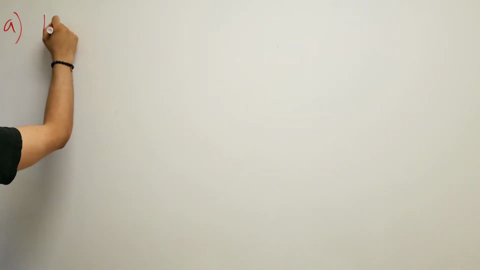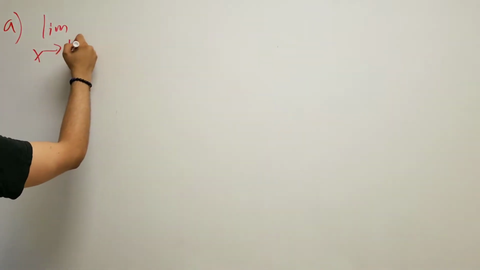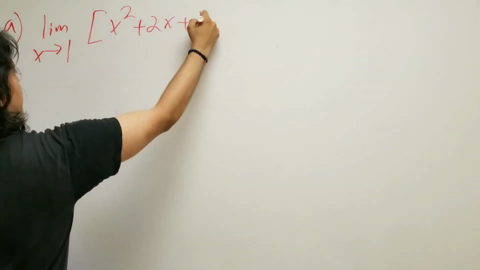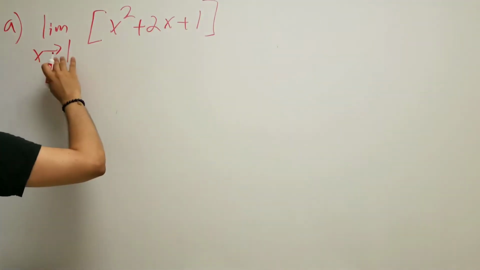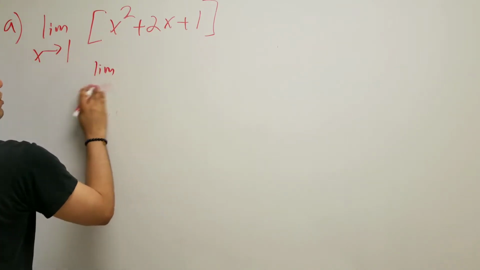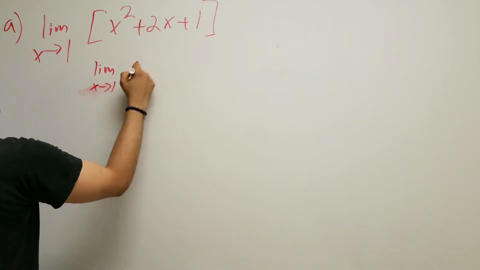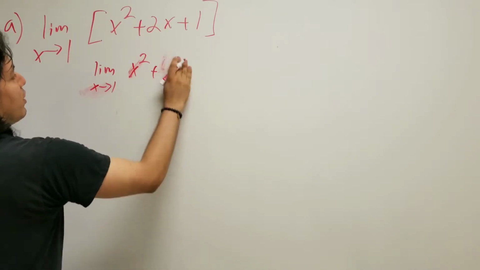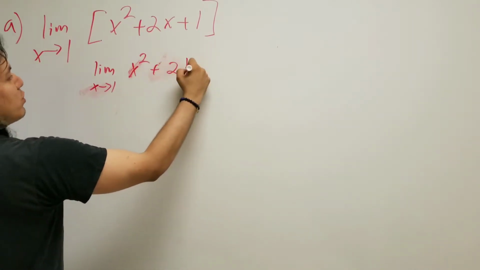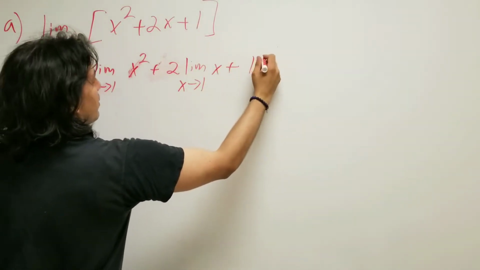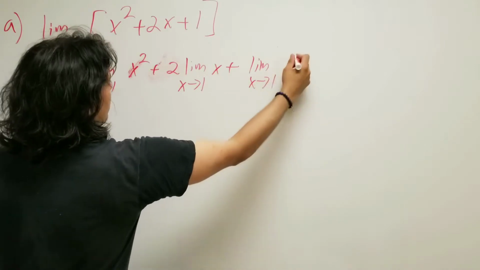Okay, so the first one, we'll just call it A. The limit as x approaches 1 of x squared plus 2x plus 1, right? You're able to simply take the limit as x approaches 1, and you get the limit of x squared plus 2 times the limit as x approaches 1 of x plus the limit as x approaches 1 of 1.